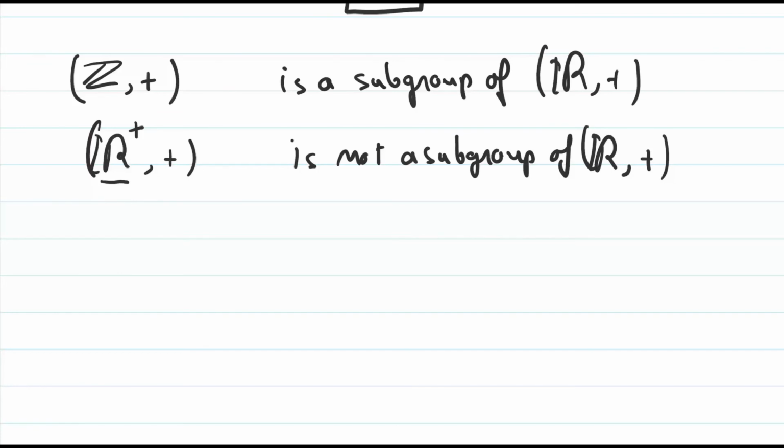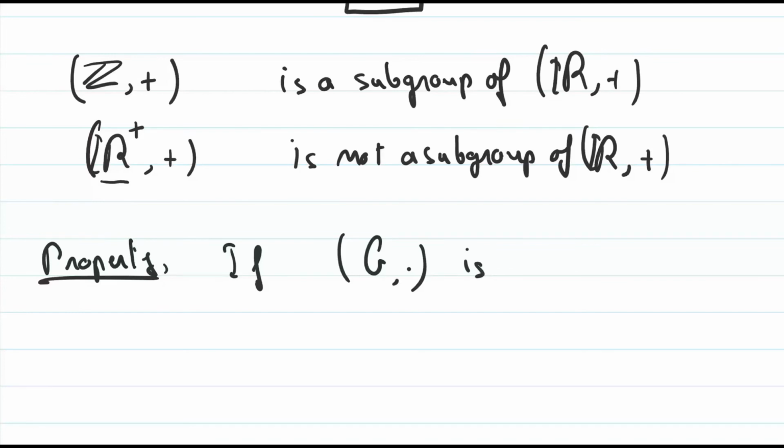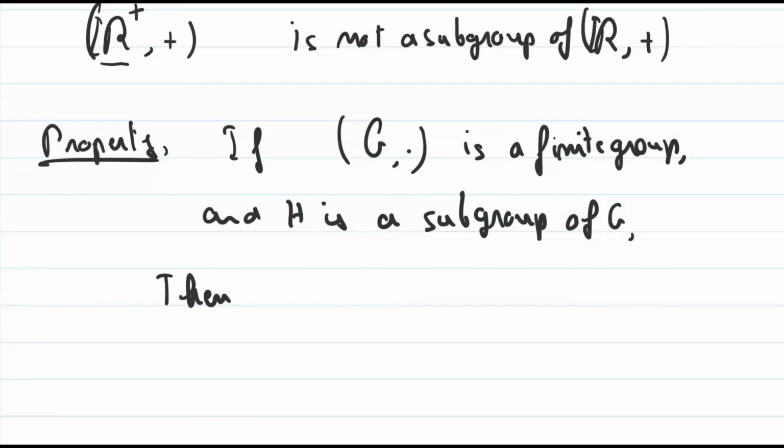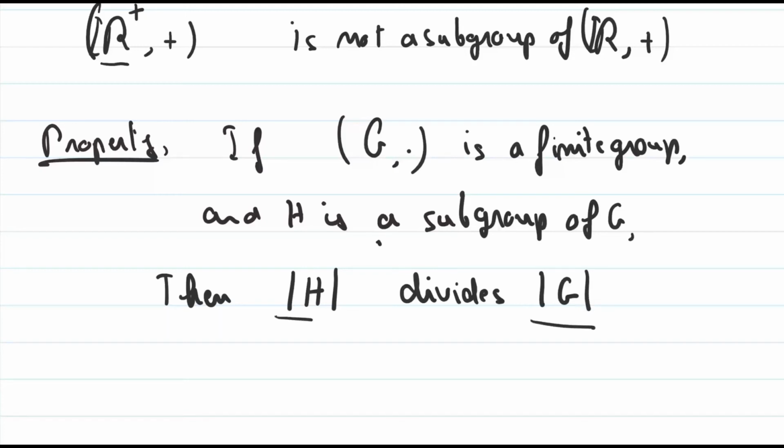There's an interesting property for subgroups of a finite group. So I can write it down here. Property: if G is a finite group and H is a subgroup of G, then the cardinality of H, the number of elements of H, which is a natural number, divides the cardinality of G. So if G has 15 elements, H cannot have 7 elements, because 7 doesn't divide 15.